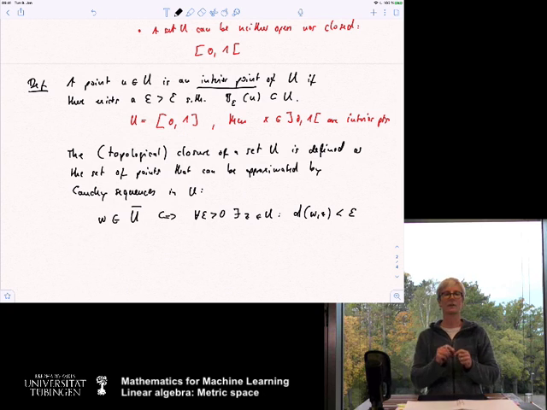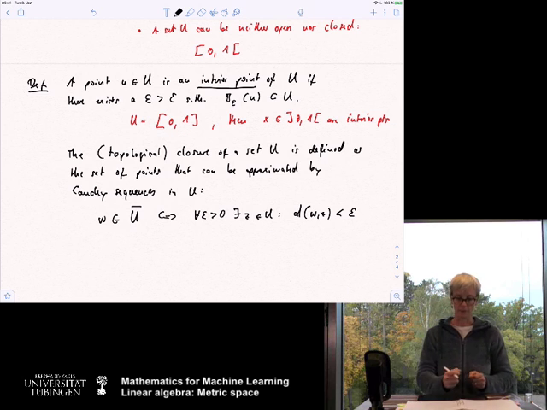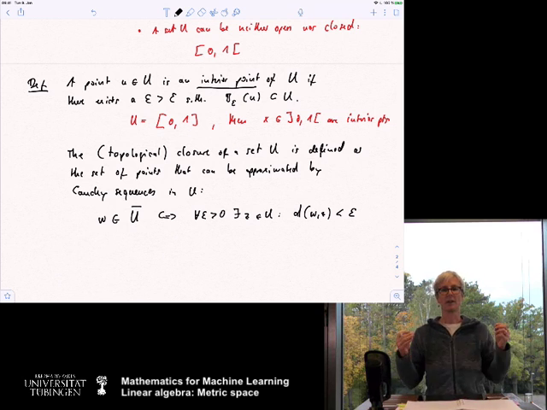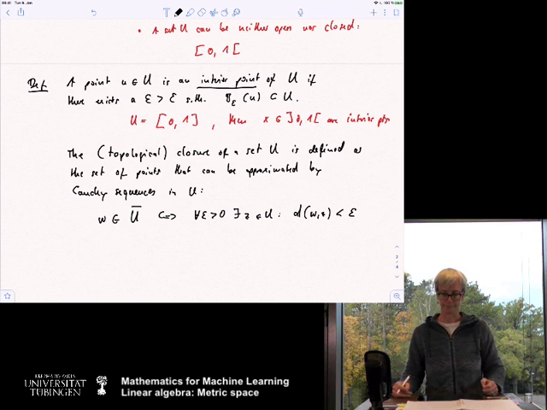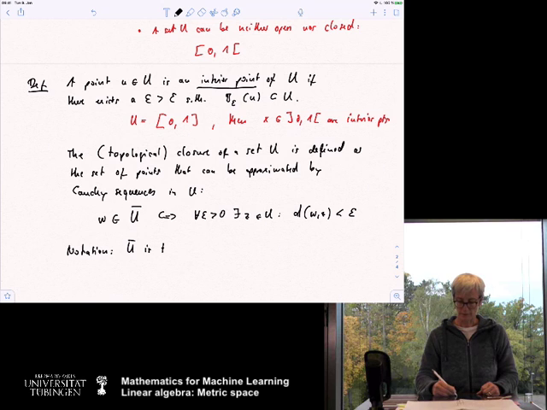So we can construct a sequence of points in U that converges to this particular point W. There are many different ways in which you can define it. You could also define it as the smallest set that contains U and is still closed. And the notation, I've already used it previously: U bar is the closure of U.